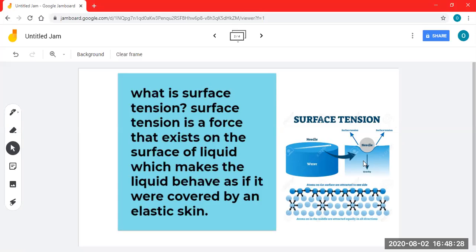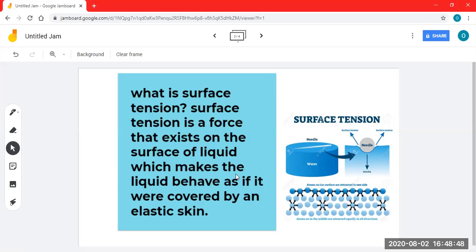The surface tension. The force that exists on the surface of the liquid makes the needle float on the water. That is a simple illustration of surface tension, the diagram, and the definition.